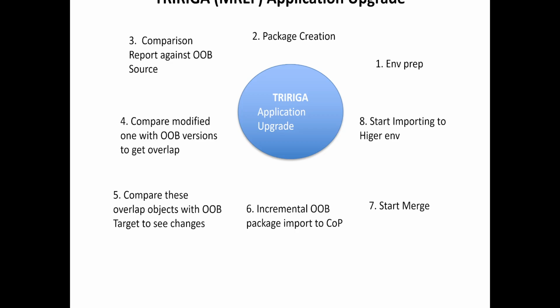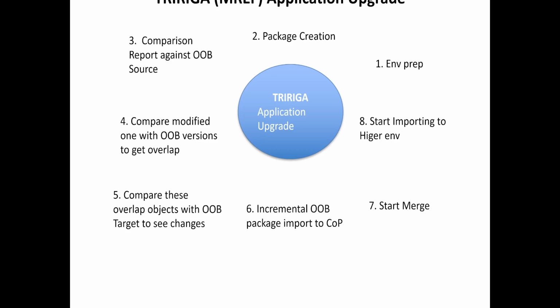This application upgrade also gives you a chance to understand where you can remove some of the functionality which is not being used by your system, and how you can be as close as possible to the out-of-box version of the application.